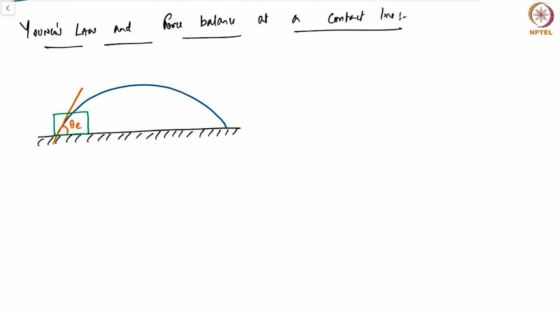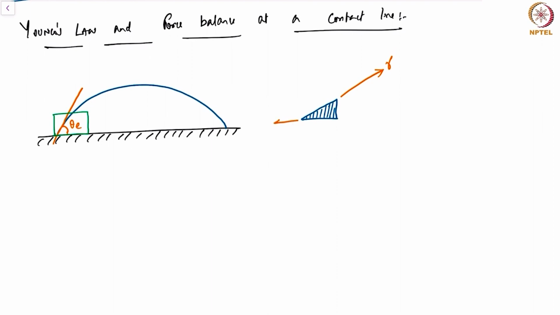If we examine the small region, what we have is a small wedge. And along this wedge, we have 3 surface tensions. We have the liquid gas surface tension, which you can simply call gamma.